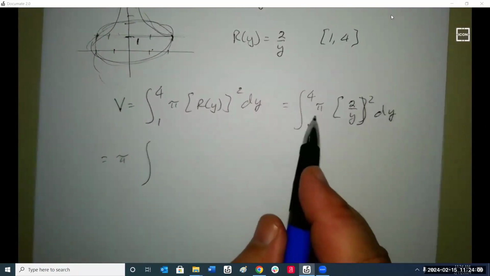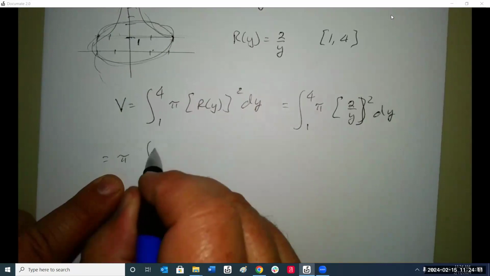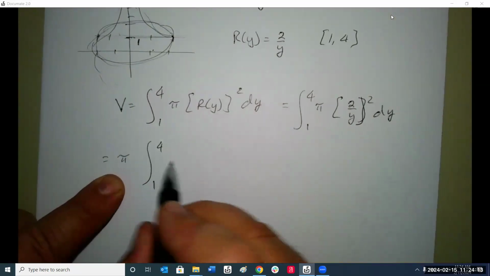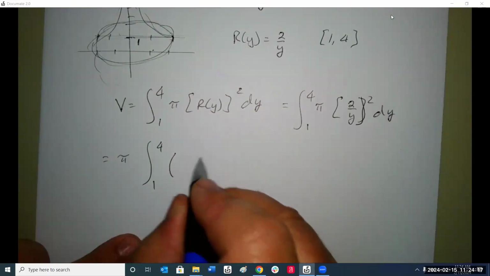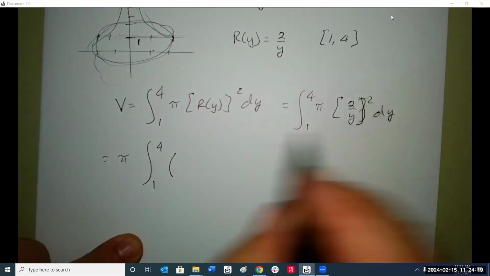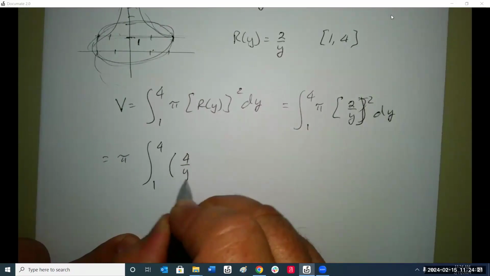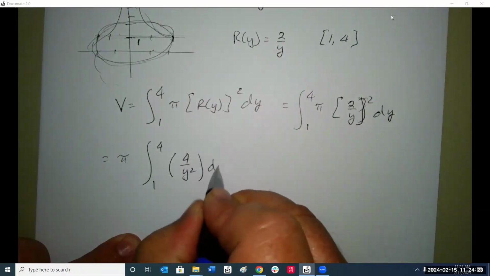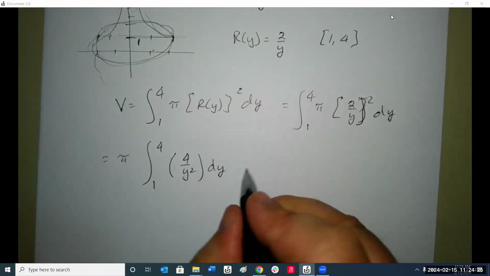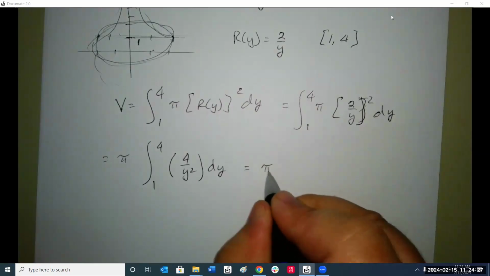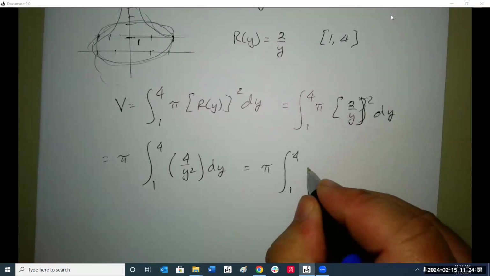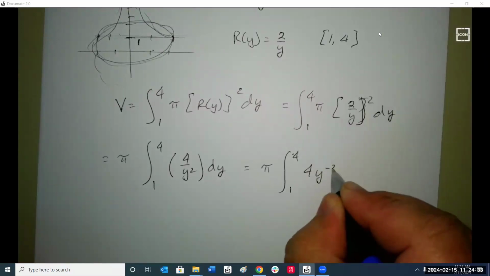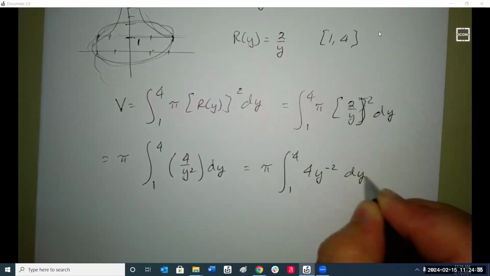I took out the pi, going from 1 to 4. Distribute that: it's 4 over y squared dy, or y to the power -2.